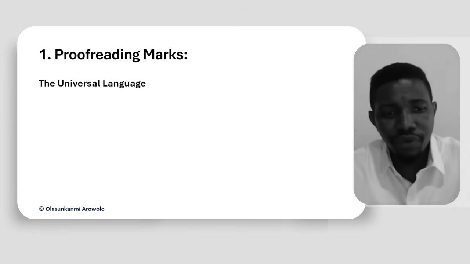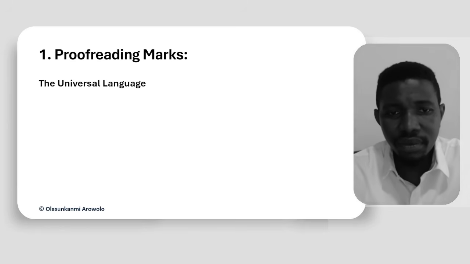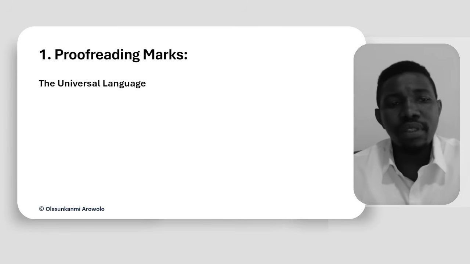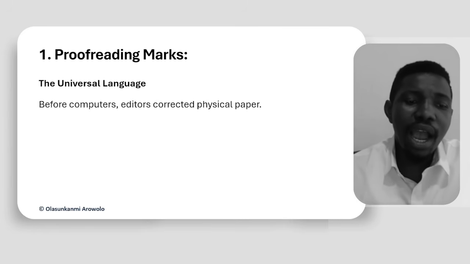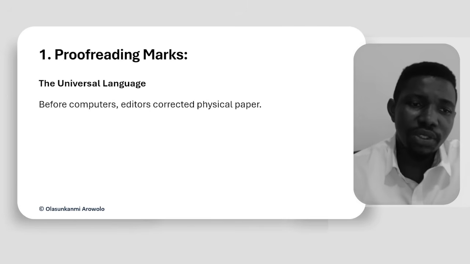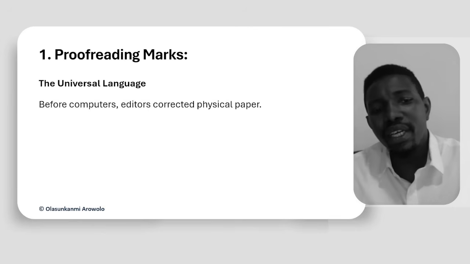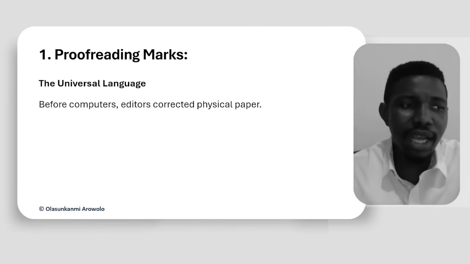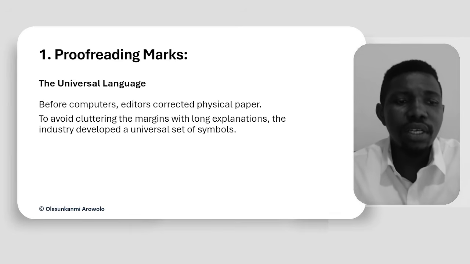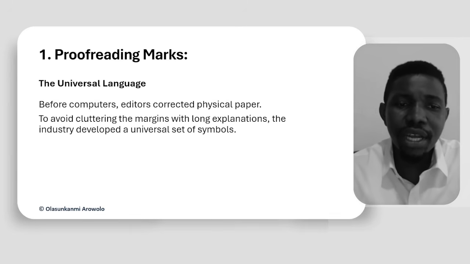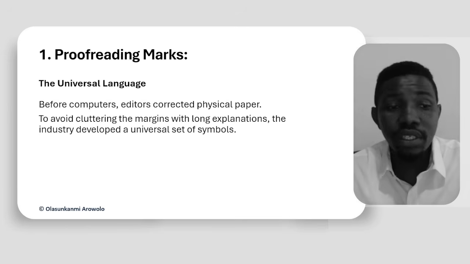What are proofreading marks? The signs that we use are pre-computer. Before computers, editors corrected physical papers. And in order for them to correct without messing up the sheet, they used certain signs and symbols. They did this to avoid cluttering the margins with long explanations.